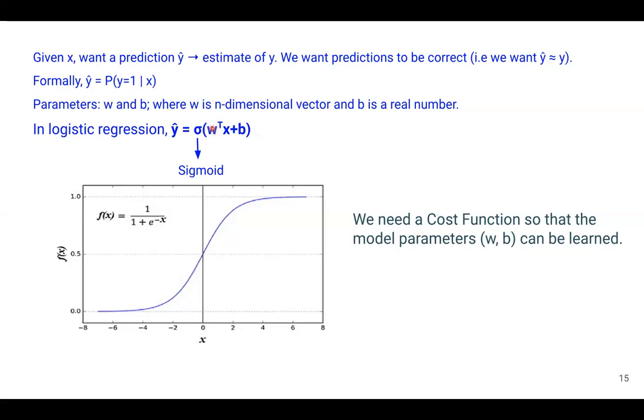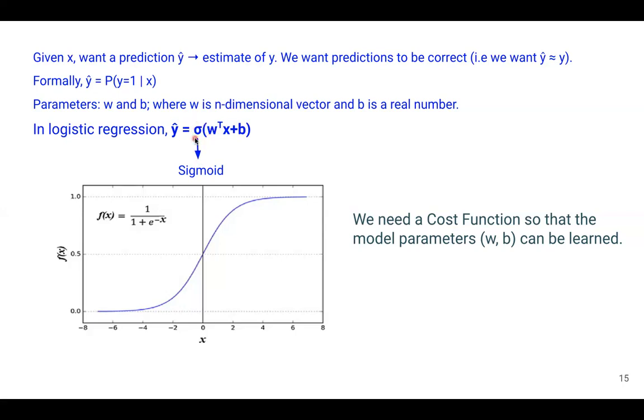And in logistic regression, what we do is that in any machine learning problem, what you need is an activation function for non-linearity. In this case, it is a sigmoid.